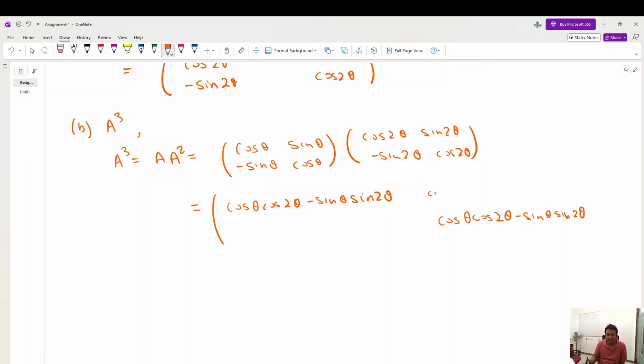So what will you get? This will be the second one, right? Cos theta sine 2 theta plus sine theta cos 2 theta. Similarly, you will have just minus. These are the same kind of matrices.